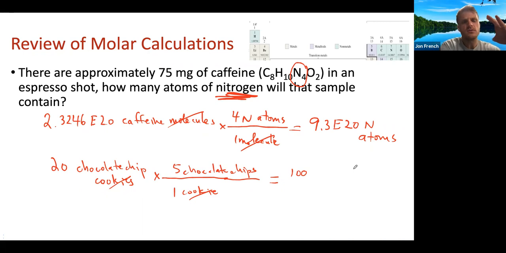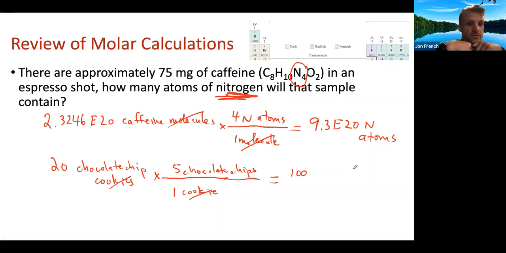We found molecules. And then when I asked, within that sample of molecules, how many nitrogen atoms do we have, we had to look at the individual molecule to see there were 4 nitrogens. So we're going to have 4 nitrogens for every 1 molecule. I need to multiply that by 4.